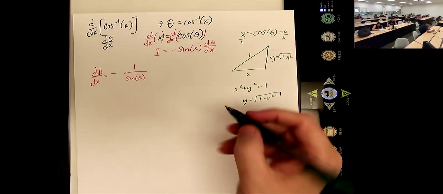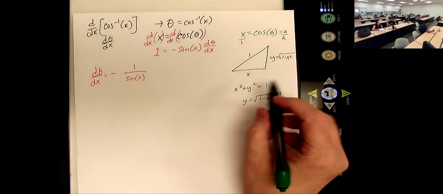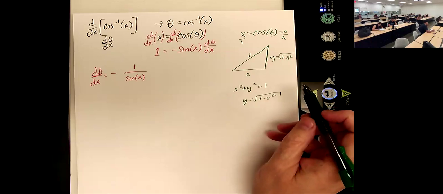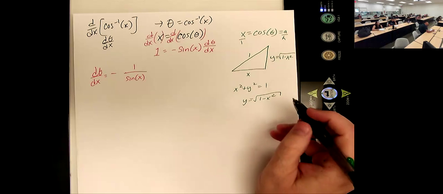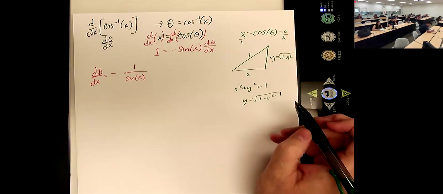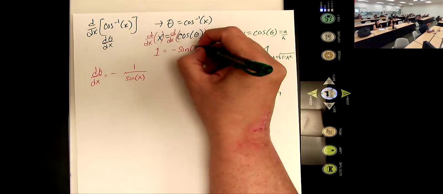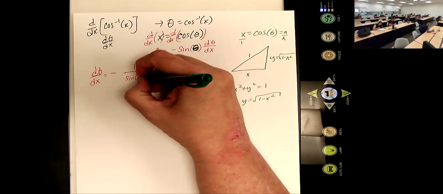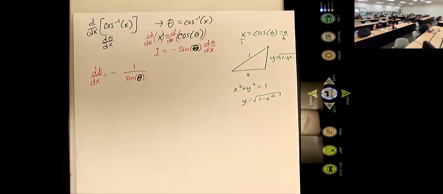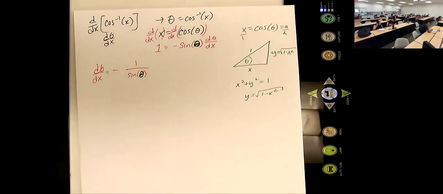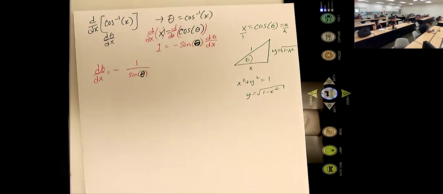And we want sine of x here, or sine of theta. That's what's wrong. I want sine of theta there, and theta was this, the way I set it up, cosine was x to the adjacent side.